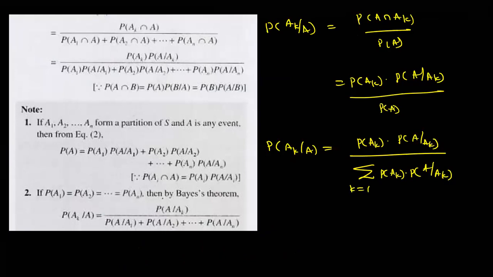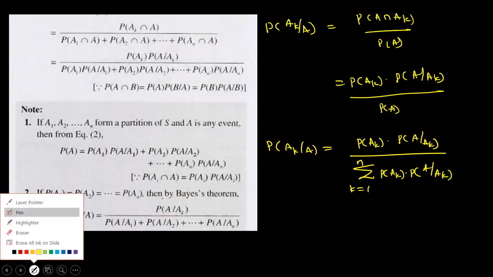K running from 1 to N. Be careful. So very, very important, dear students, this is the case. Here K is already there, so take some other index like J, no problem.